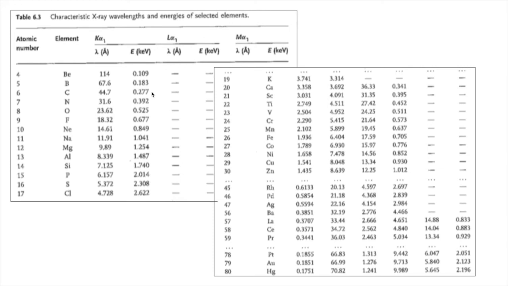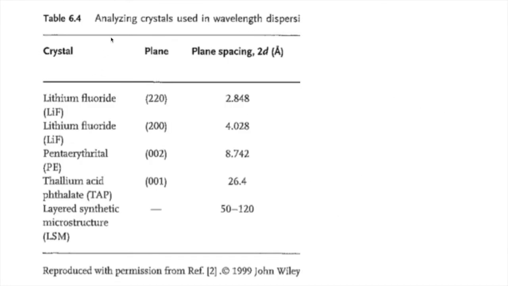That means we need the analyzing crystal which will give us the highest wavelengths possible. If I go back to that table, these ones here at the bottom have the highest wavelengths possible, because that is equal to 2d according to the equation that we just looked at.